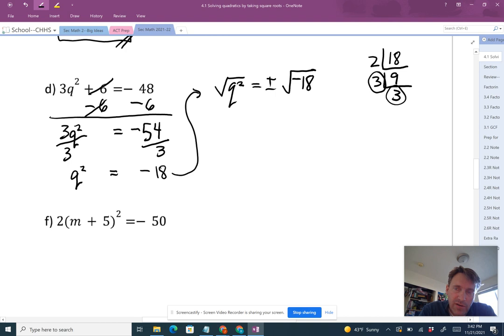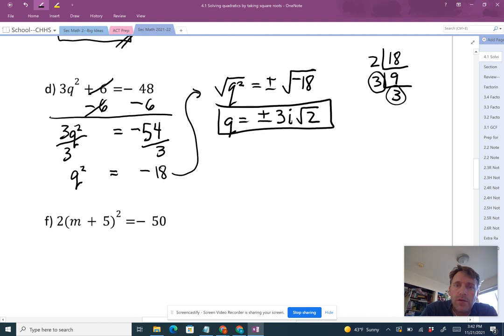Since there's a pair of 3's, that will come out, and q then is equal to plus or minus 3i square root of 2.